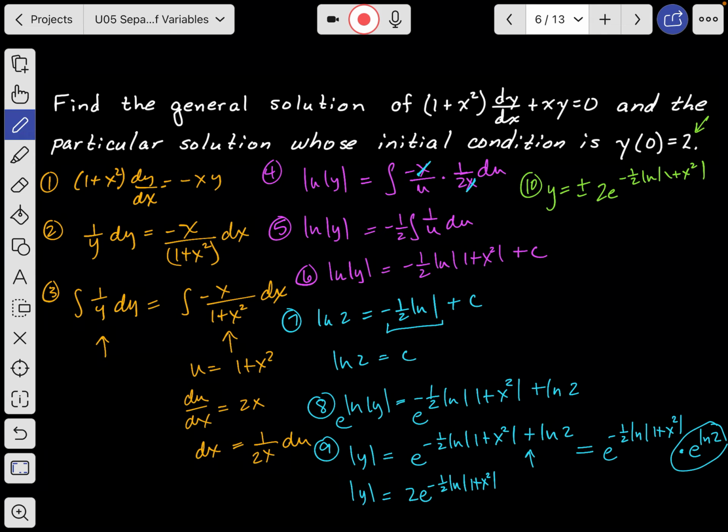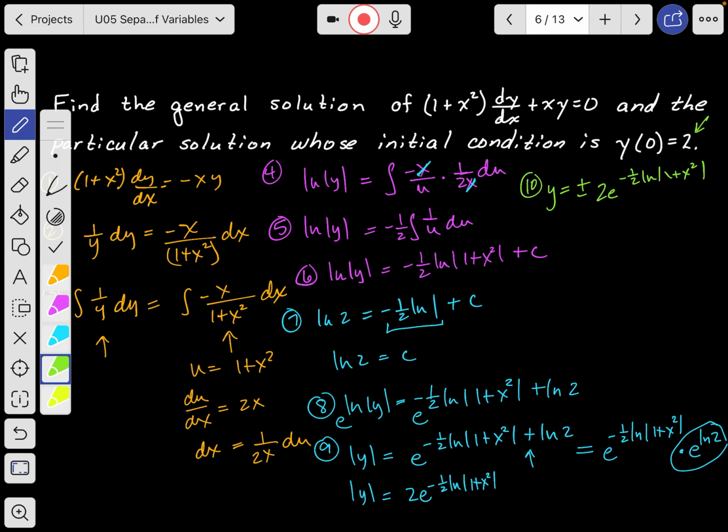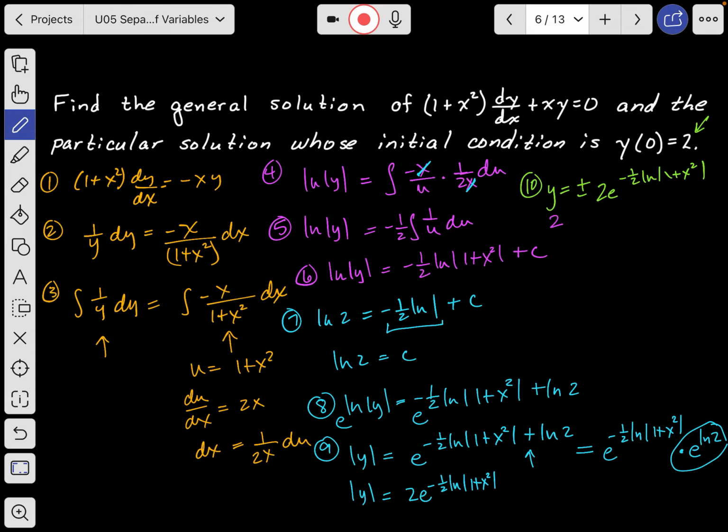So our y value was 2. So we know that if we substitute in a 2 for this y here, and then we substitute in a 0 for the x, I need to have a positive 2 here. And so if I'm going to have a positive 2, if I plug in a 0 here, I'm just doing some little scratch work on the side, that's going to give me 2e to the negative half ln 1.